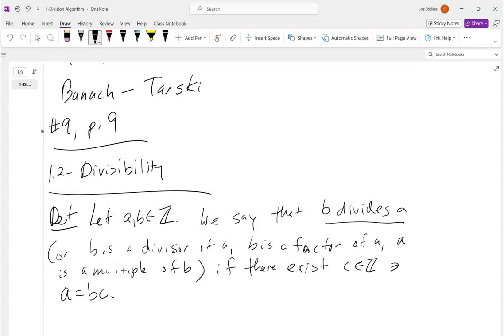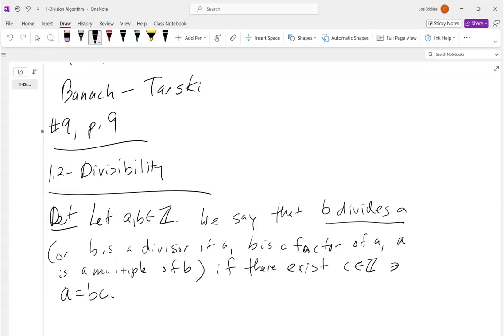I know the book definition said B is not equal to 0, but notice that I could make B be 0. Using this definition, if B is 0, what's the only possible thing that B could divide? 0, right? Because if I take 0 times the C, I get 0. So the only possible thing that 0 could divide is 0.